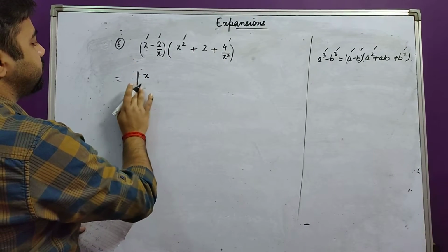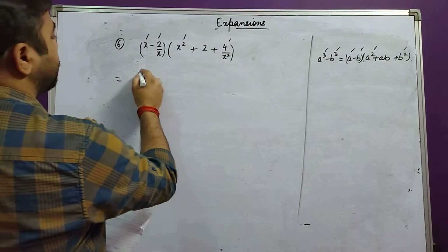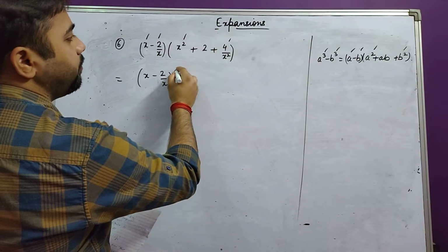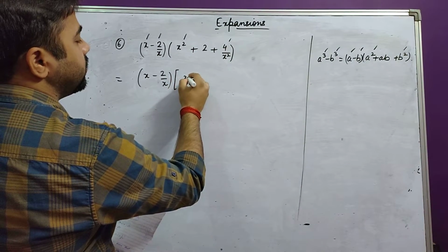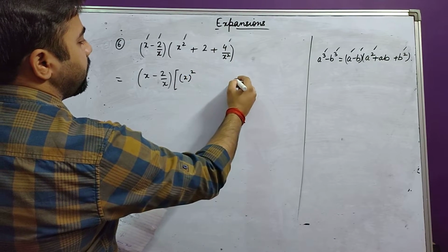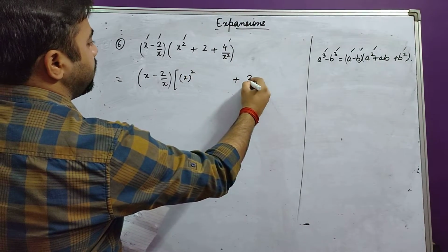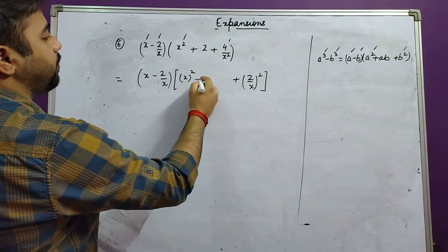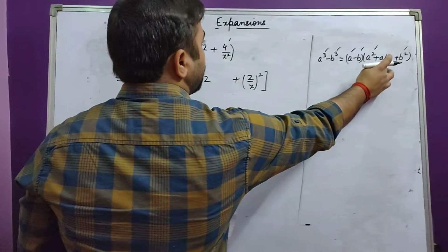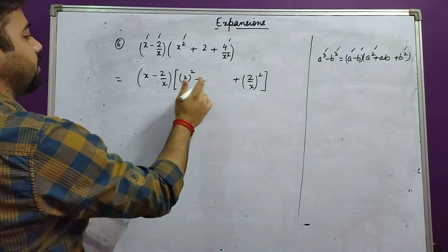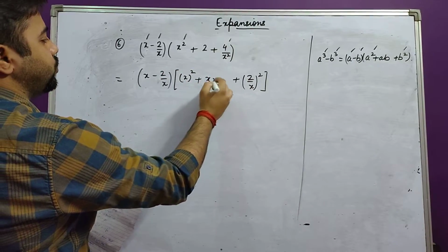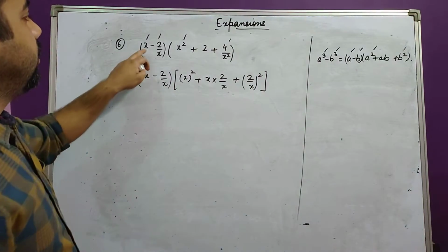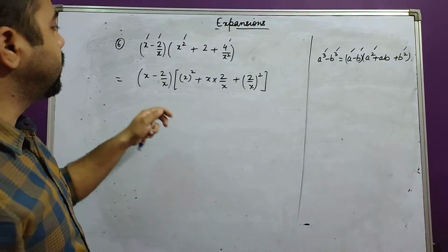It's x minus 2 by x within the bracket first term square plus second term square, then it's plus ab, that is x into 2 by x.